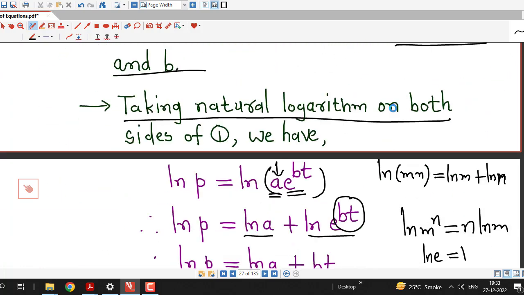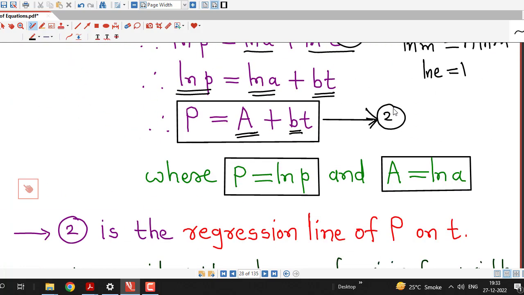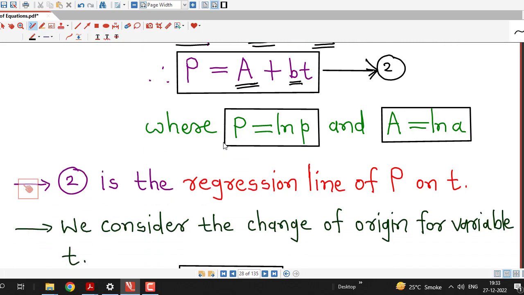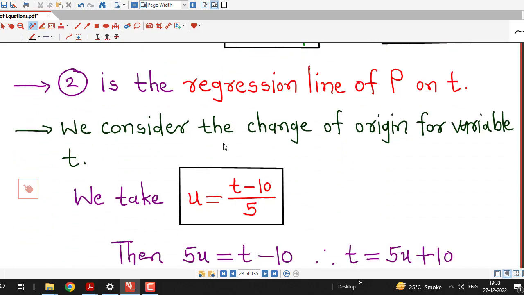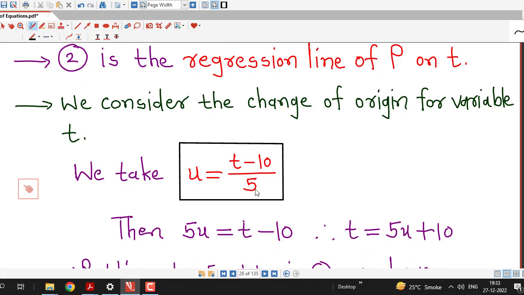So this is the idea, that we are not going directly for this regression line. Instead of this, we will change the variable t using this transformation, u equal to t minus 10 divided by 5. So I obtain 5 times u equal to t minus 10. Therefore t equal to 5 into u plus 10.